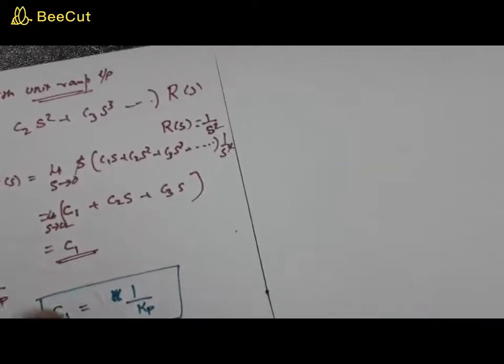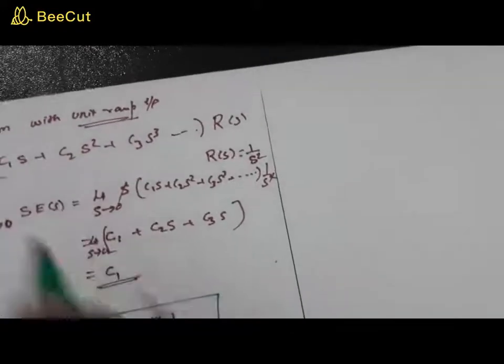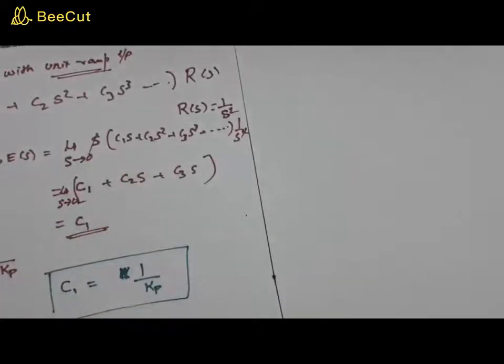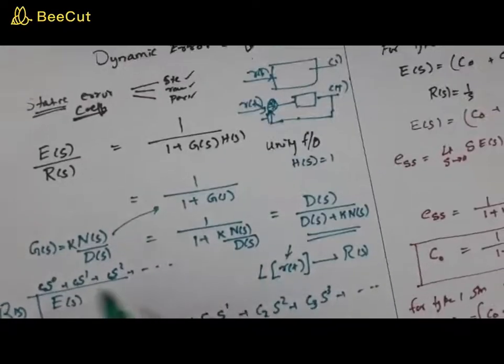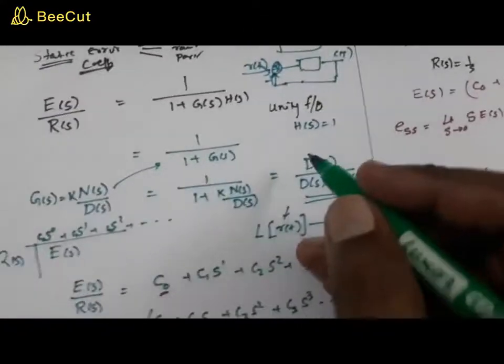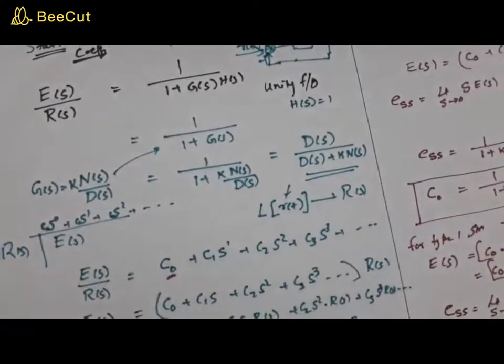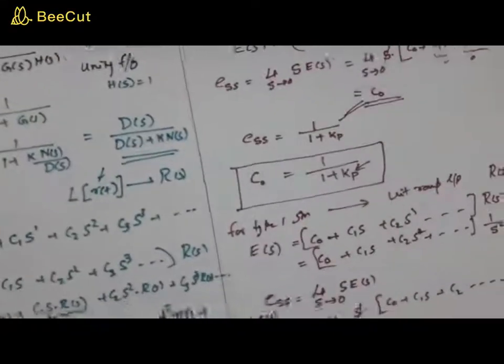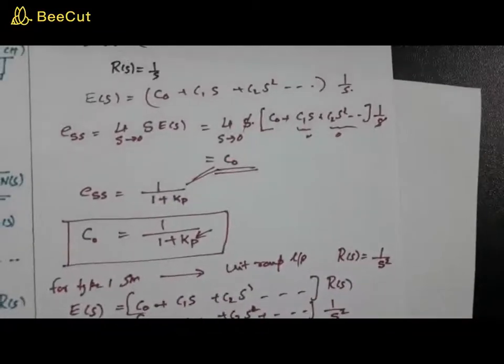And one more thing to be added: as we have defined this, you are getting a series when you do this long division, and this series is what is called the error series. You may note down that, I just forgot to specify that. So this is called the error series. Hope you understood this.